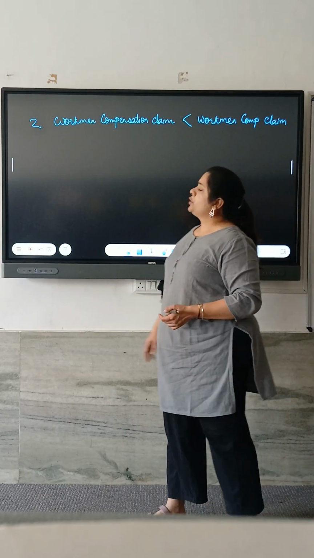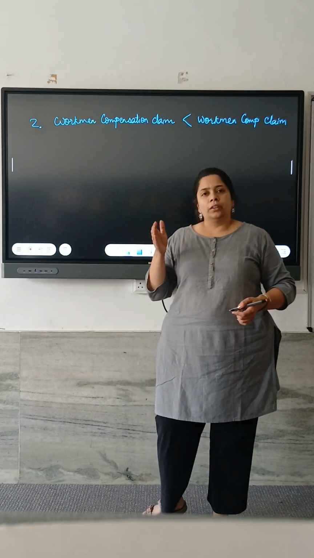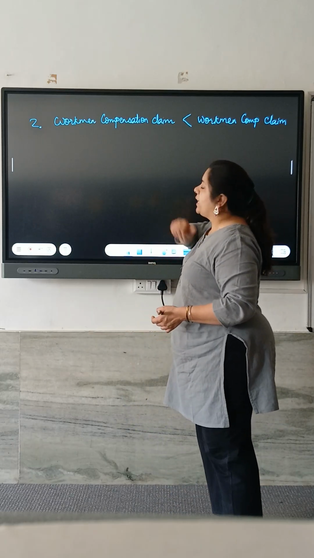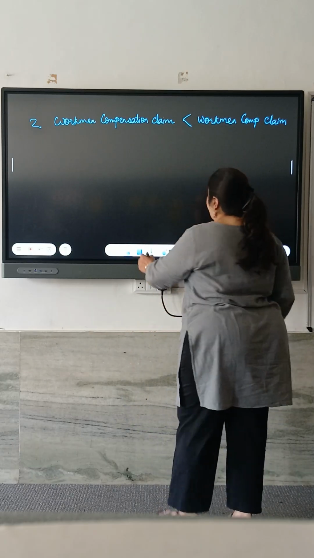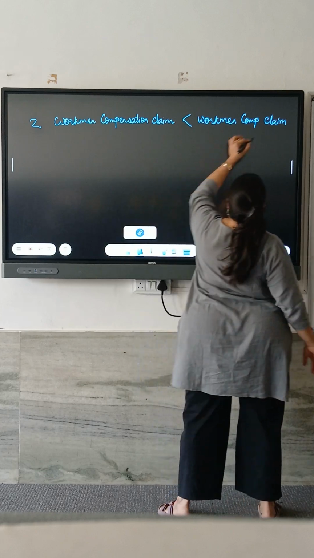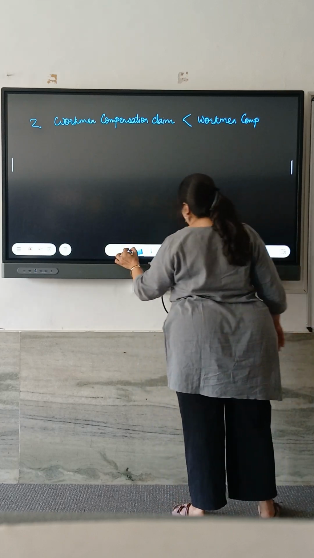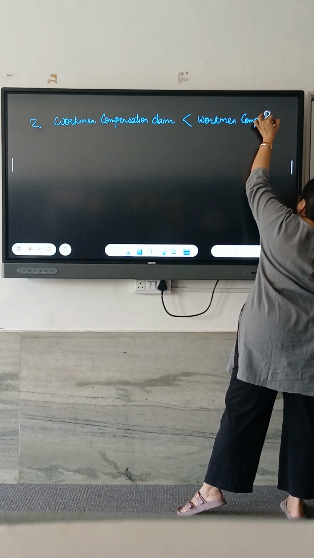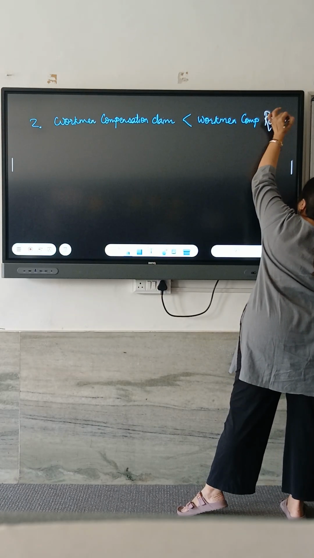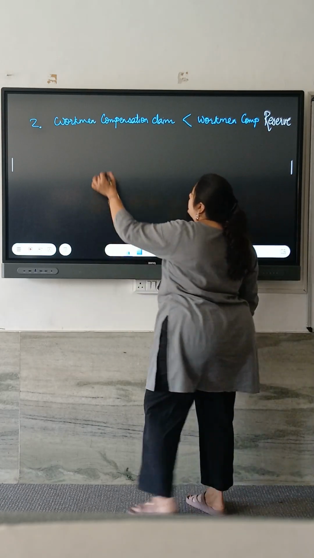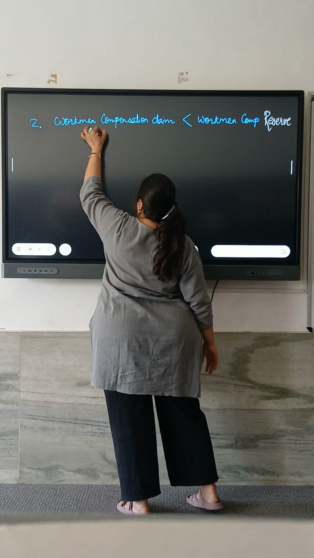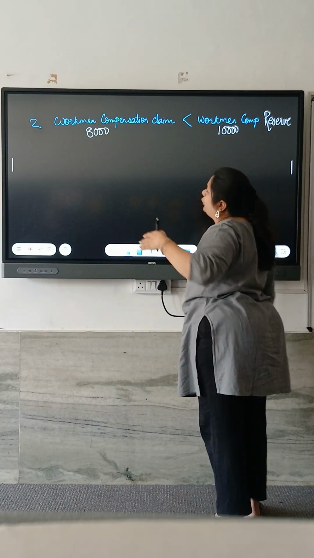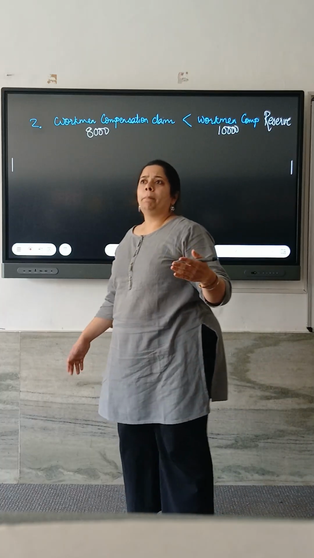The second condition is if the reserve which you have created is more than the claim amount. Workers have asked for a claim amount of, let's say, 8,000 and you had created a reserve of 10,000 rupees. So in that case, what is to be done? They are demanding 8,000 but you have 10,000. Do you have a sufficient amount to pass the claim?